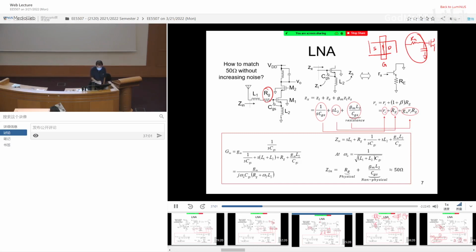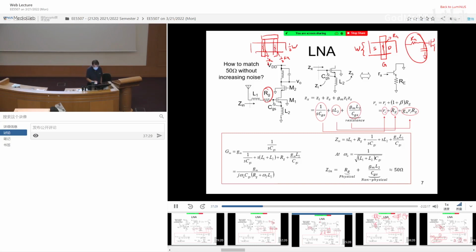So what we want to do is, for example, split it into two fingers. Suppose this is W. So this is half W. So if this guy is Rg, this resistor is going to be half Rg. But don't forget, this has to be connected in parallel because we are forming the gate.